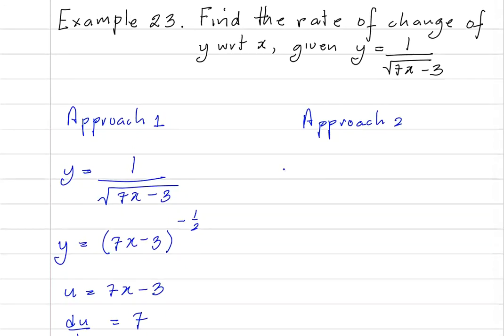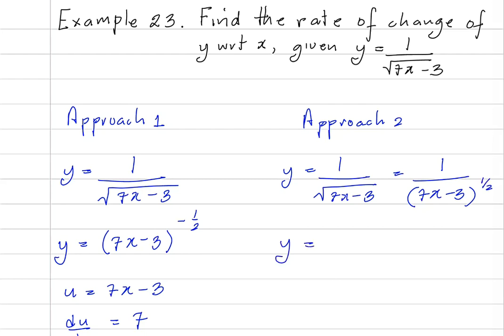So again, y would be equal to 1 over the square root of 7x minus 3, which is the same as 1 over 7x minus 3 raised to the half power. Bring it up, and we have y is equal to 7x minus 3 raised to the minus a half power.